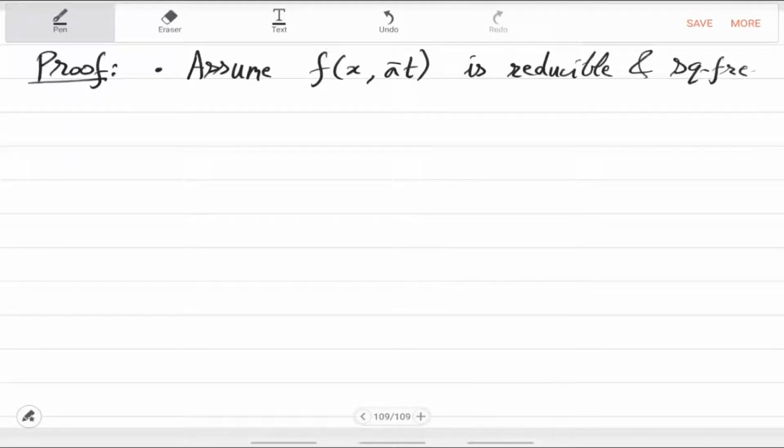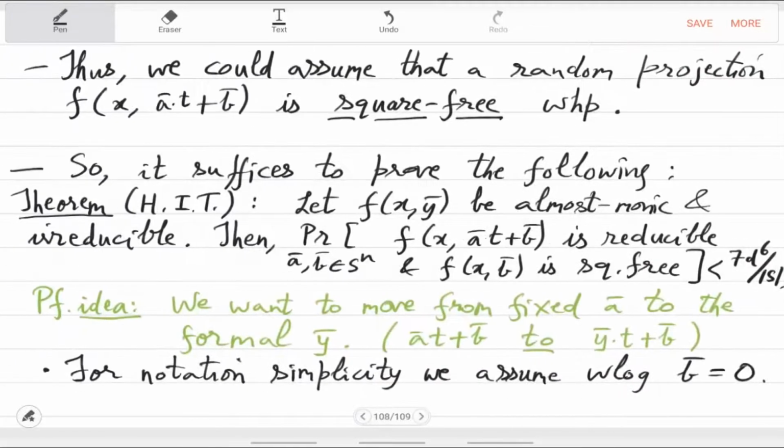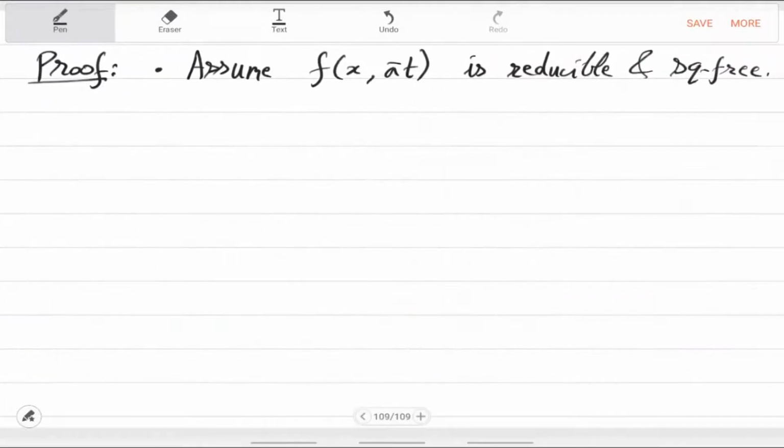Okay, so that is basically the event which we want to claim, which we are claiming in the theorem statement to be a rare, low probability event. So, let us assume that event happens. So, then we do Hensel lifting mod t powers.